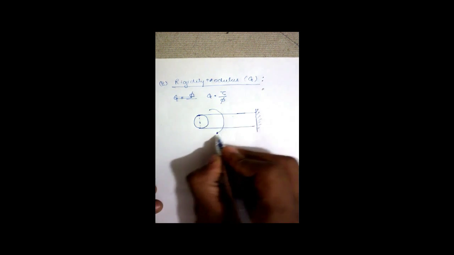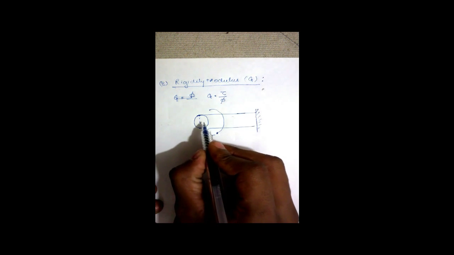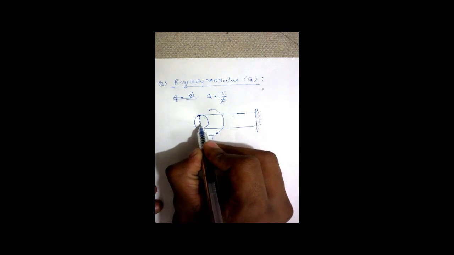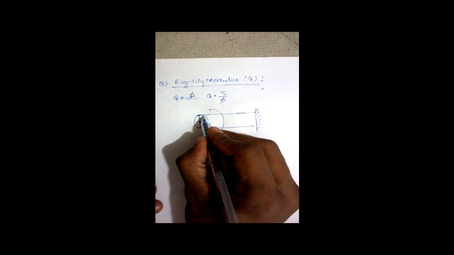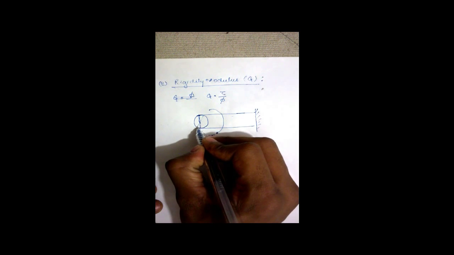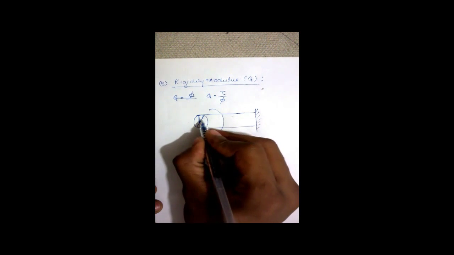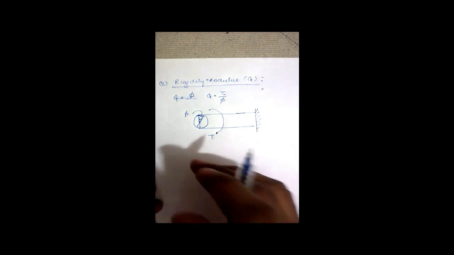Then while a torsion T is applied on this circular bar, this radius will tend to come to this position, thereby giving a shear strain. So this is shear strain, and shear stress will be produced due to the torsion T.